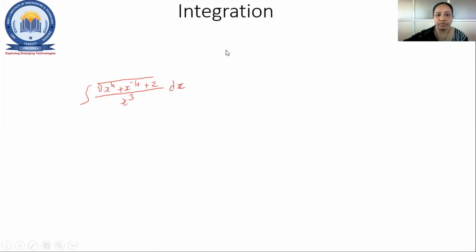Just try to solve it, because the meeting may end in a few seconds. Just note down this example and think about how it is supposed to be solved. Here the under root is there, so you just need to solve this equation: x raised to 4 plus x raised to minus 4 plus 2 upon x cube dx.